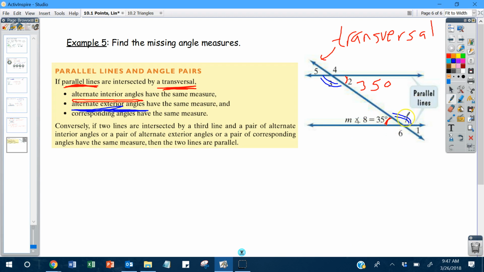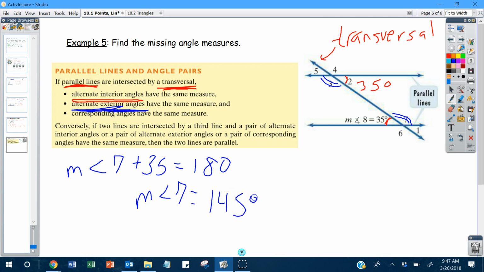It's cut into 2 pieces, so we can use supplementary angles to find the measure of angle 7. So we'll just do subtraction, and we get 145 degrees there. So that's going to be 145. That's going to be 145. In other words, if you can find angle 3 or angle 7, you have the measure of the other one. They're exactly the same, which is really nice.